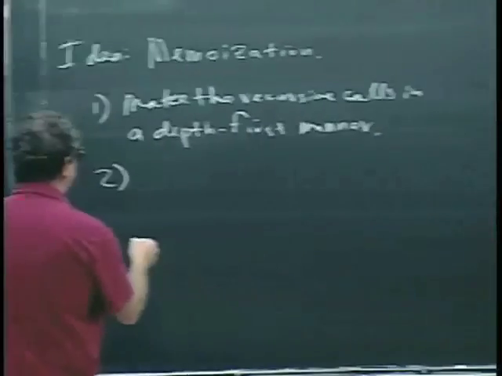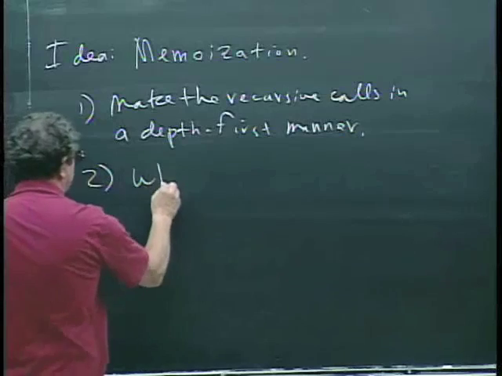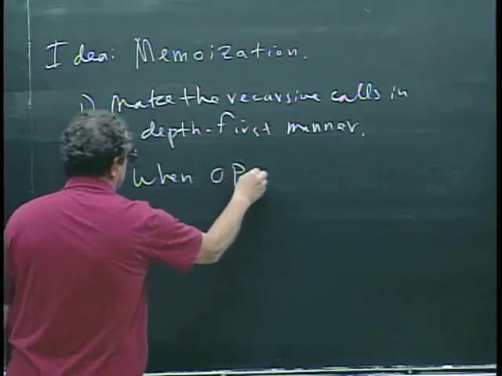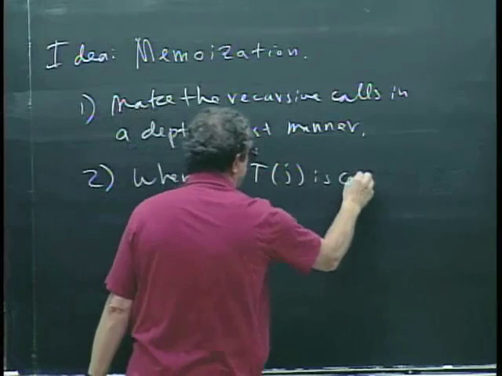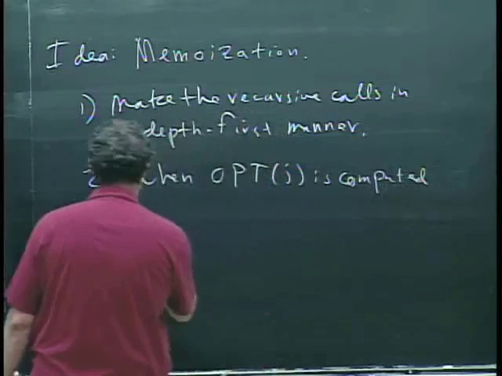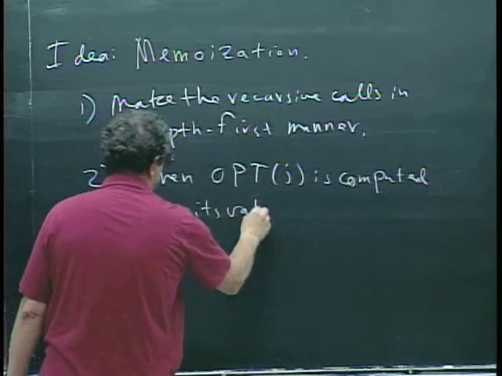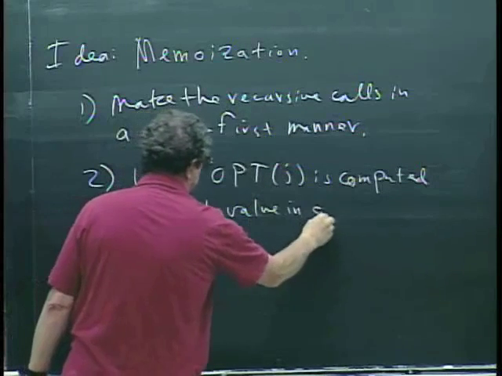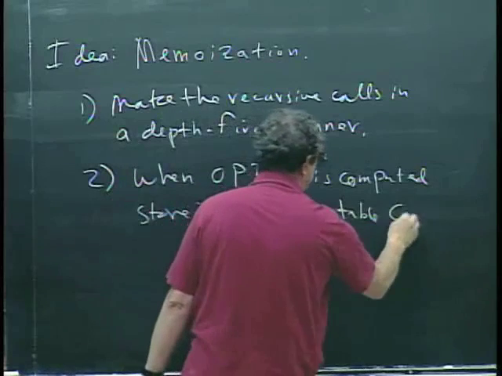And then the next, I guess there are three pieces to this. The next thing is that when opt of j is computed, okay, store its value in a table. Well, and what's a good name for this table?